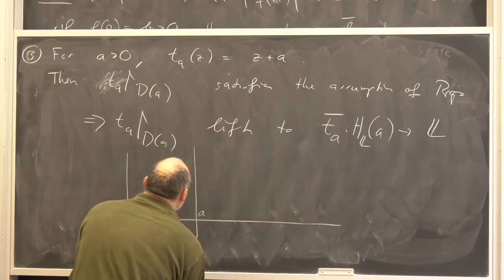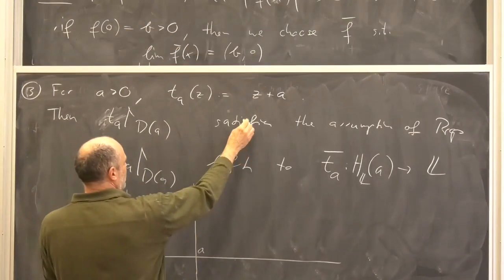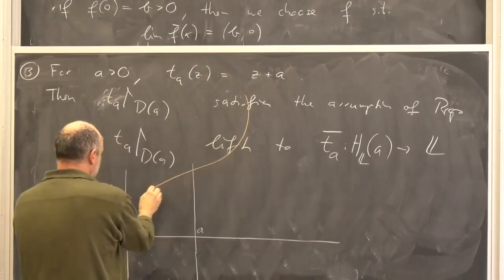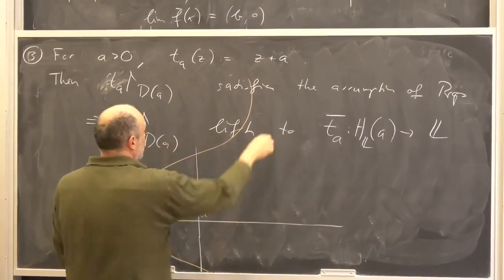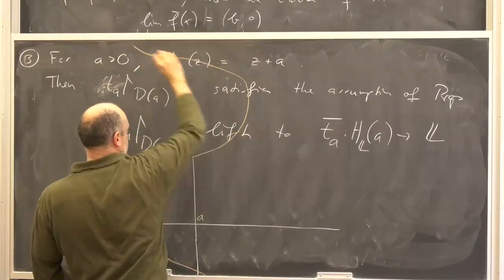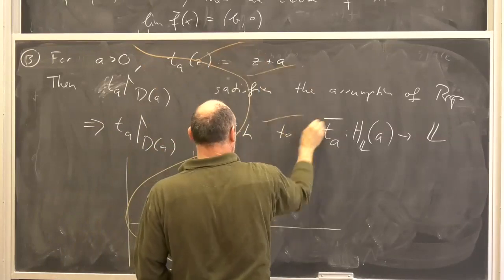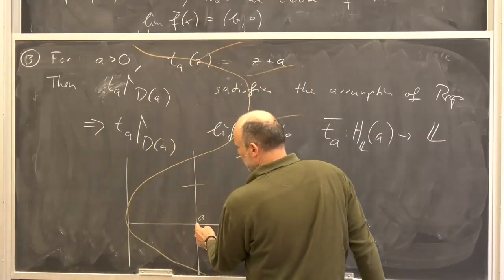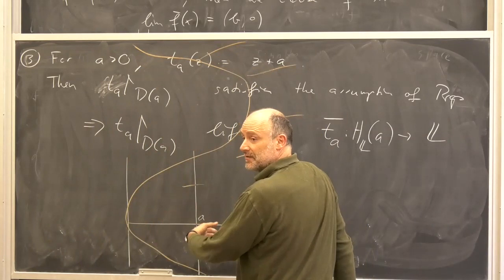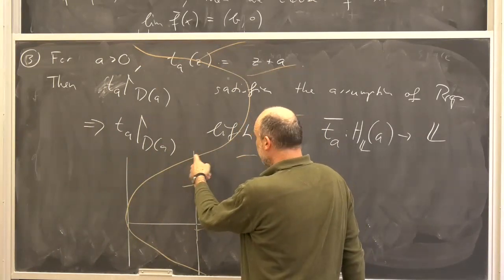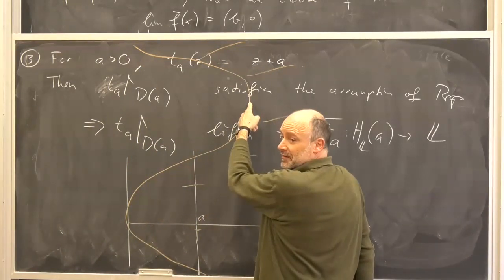The image of this domain will have boundary that oscillates like a sine function infinitely many times. It will be everything here. Because here, right, translation goes to the right, but then at level pi, at argument pi, the translation actually goes to the other side.